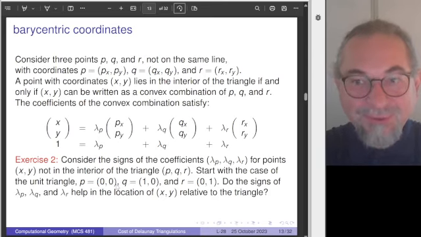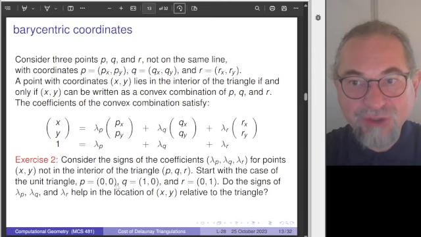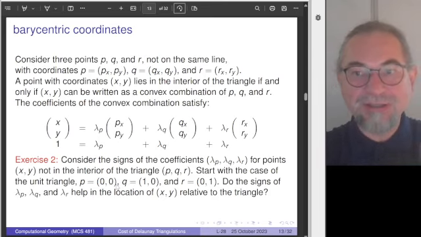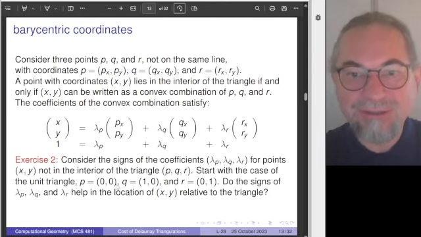But if you have also the cases where there are negative coefficients, then they will actually tell you which point you have to swap out and go to an adjacent triangle. So by this computation, you can actually figure out on which side a point lies if it's not inside the triangle.